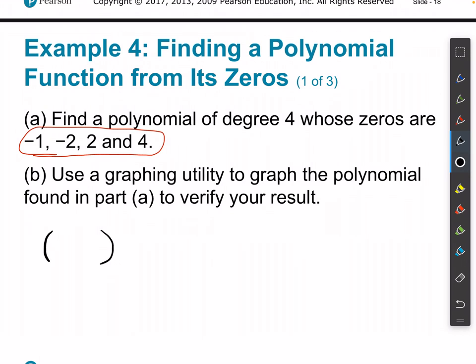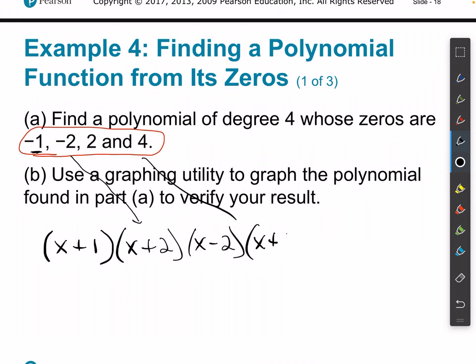If negative 1 is a 0, then x minus negative 1, or x plus 1, is a factor. X plus 2 is a factor, because negative 2 would make that go to 0. And then x minus 2 is a factor, and also x minus 4 is a factor. If you plug any of those zeros in, you get 0. All right, they want you to find the polynomial, though.